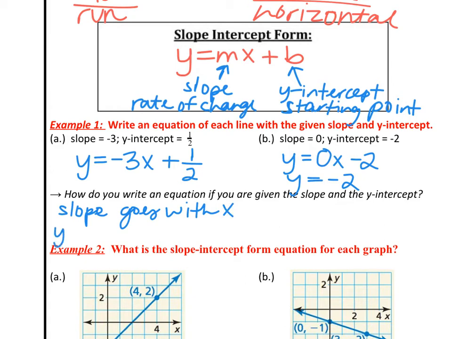The y-intercept goes alone. If you have a different way to think about it and you don't like my explanation, then put your own explanation. You will not hurt my feelings. In fact, I will be impressed with you because you're making your notes personalized to you.